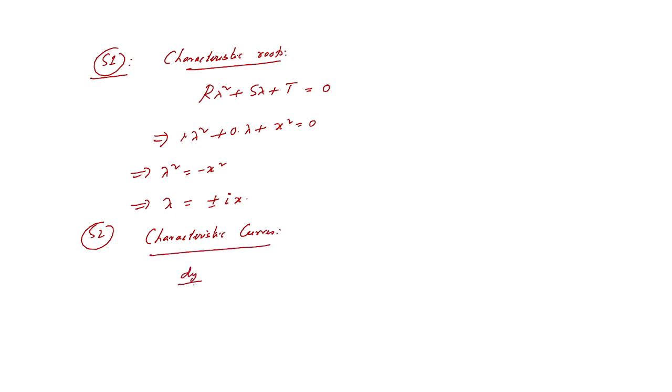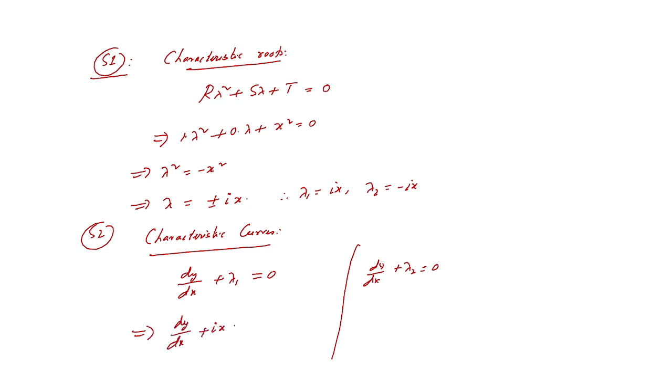For that we will solve dy/dx + λ1 = 0 and another dy/dx + λ2 = 0. Therefore λ1 = ix and λ2 = -ix. So dy/dx + ix = 0 and dy/dx - ix = 0.